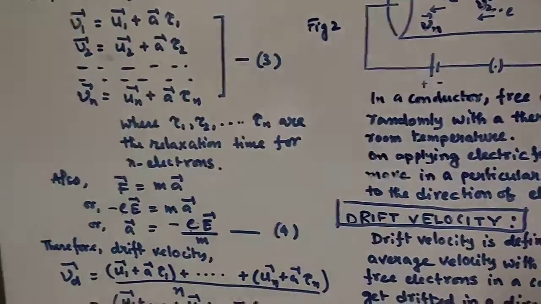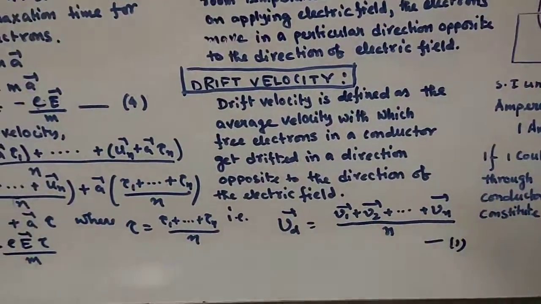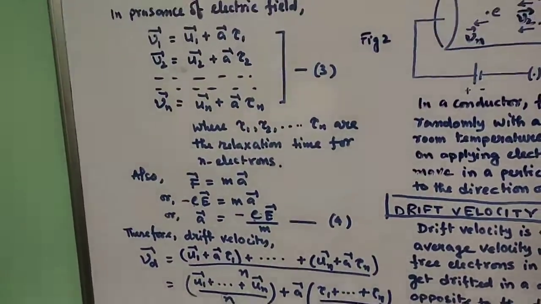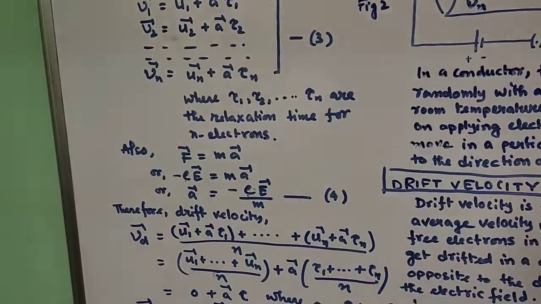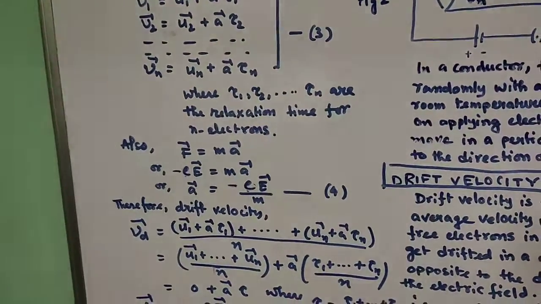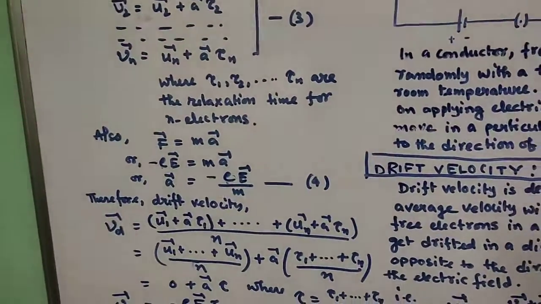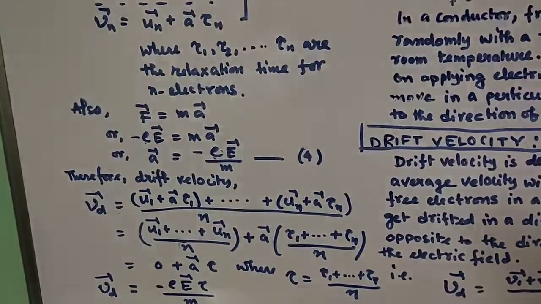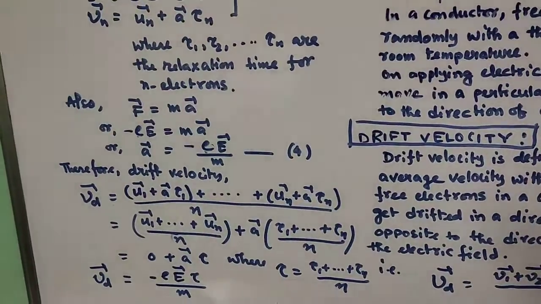For the drift velocity, we use the expression vd vector equals (v1 plus v2 plus dot dot vn) by n. Substituting from equation 3, u1 vector plus a vector tau 1, and finally un vector plus a vector tau n, we simplify the expression by writing only the extreme terms. In simple mathematics, you take out (u1 vector plus dot dot un vector) by n, plus a vector (tau 1 plus dot dot tau n) by n.